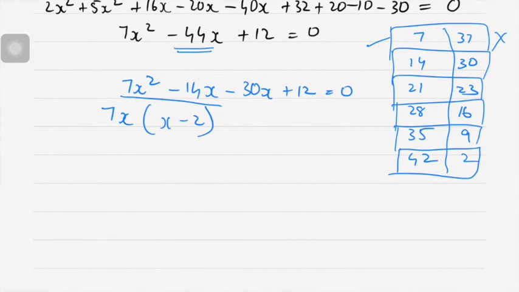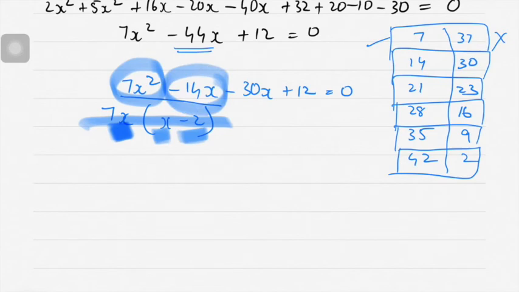Correct. See, when I open this 7x into x minus 2 bracket, it will become 7x into x, 7x square, 7x into minus 2, minus 14x. Right? Okay. And here I can take, sorry, just a second.